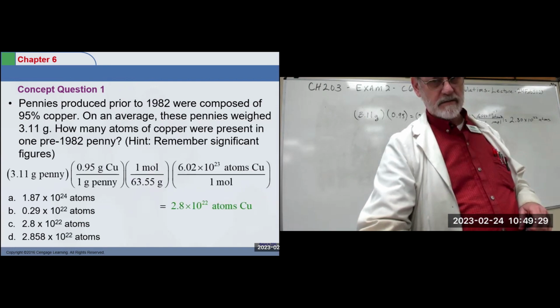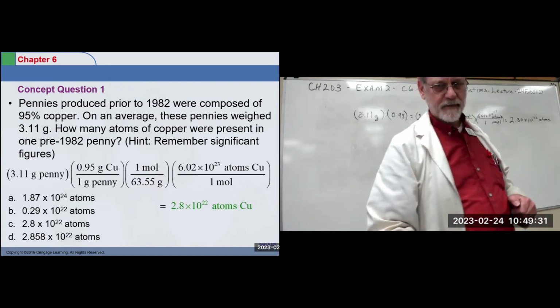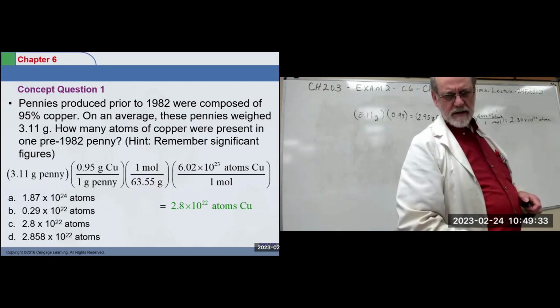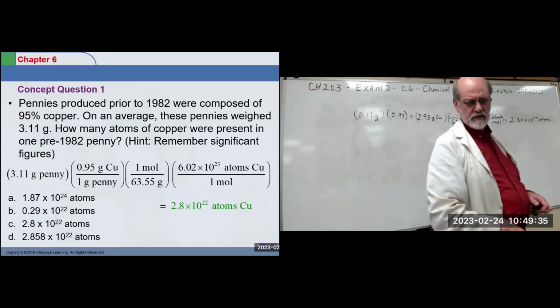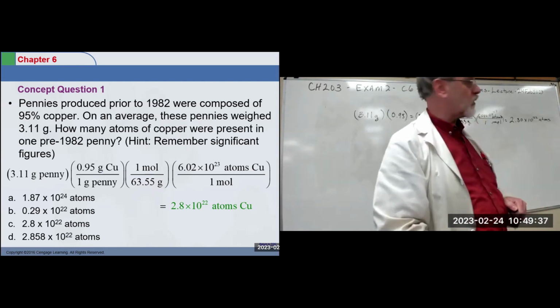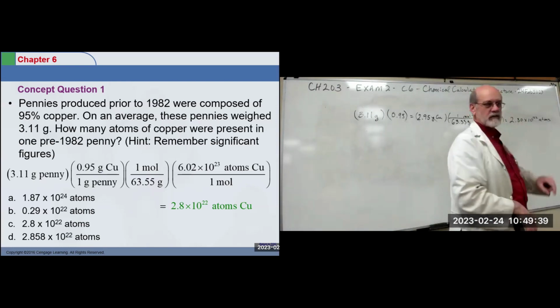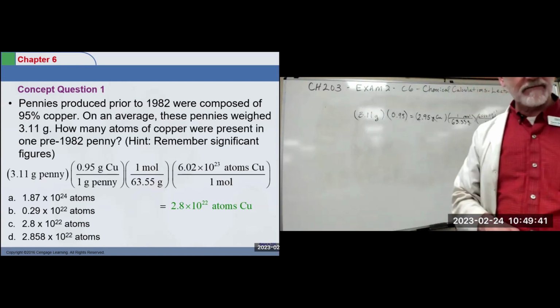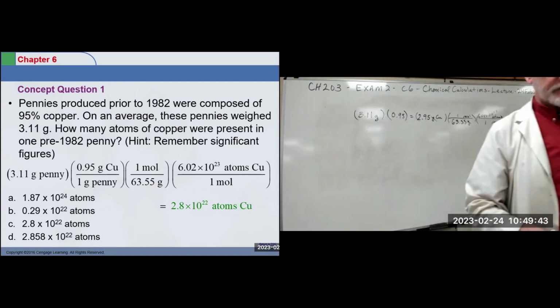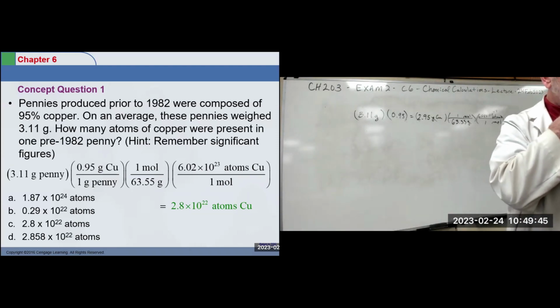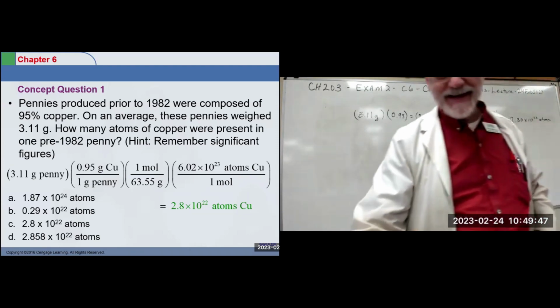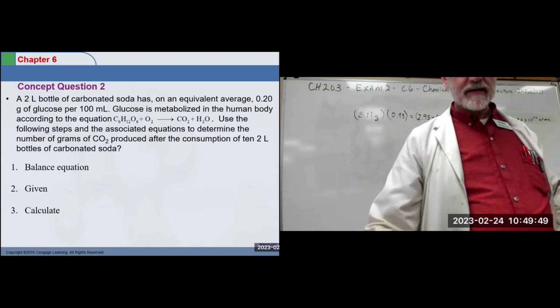There should be another significant figure in there, shouldn't there? Because we started off with 3.11, 2.80. All right.